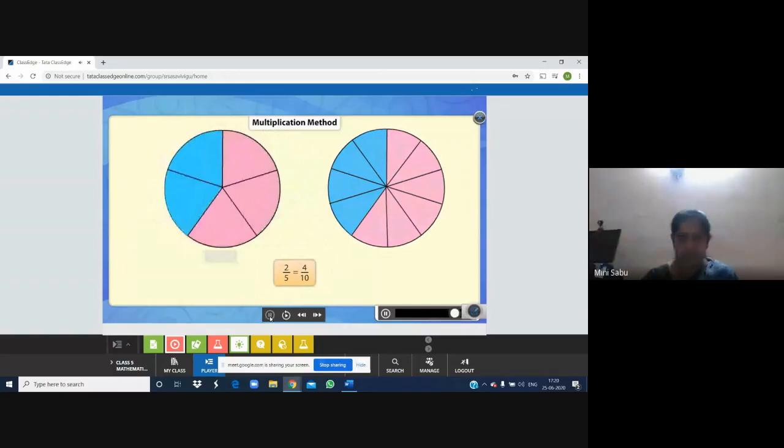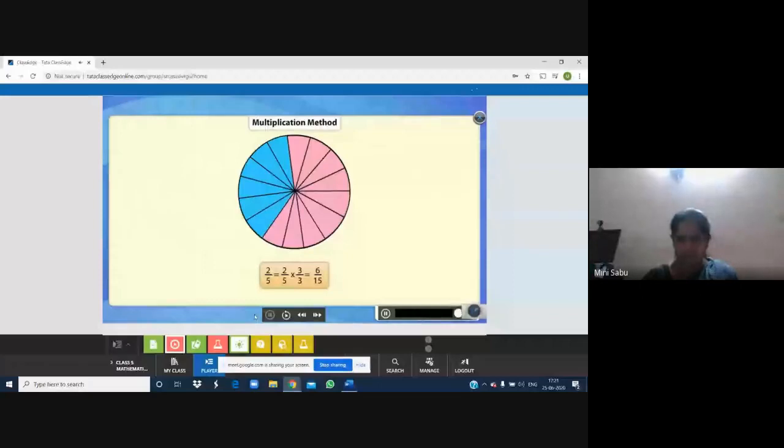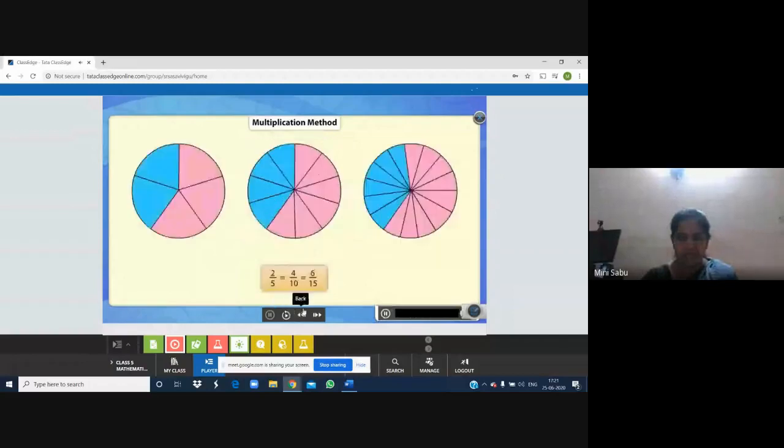We can also multiply its numerator and denominator by 3 to get another equivalent fraction, 6 upon 15. So, the fractions 2 upon 5, 4 upon 10 and 6 upon 15 are equivalent fractions.